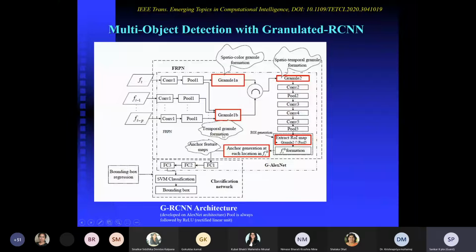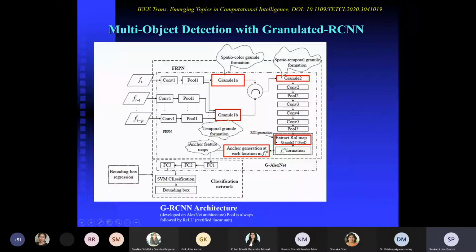I continue with the spatio-temporal granule, so every time I reduce the number of pixels, but my region extraction becomes perfect. Then I extract the ROI map corresponding to this intersection. That means I reduce further. Then, without doing this for every pixel, I get the feature formation and anchor generation. And this anchor feature I pass through the fully connected network, and the bounding box generation.